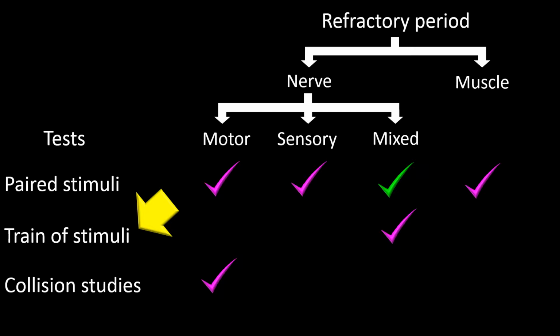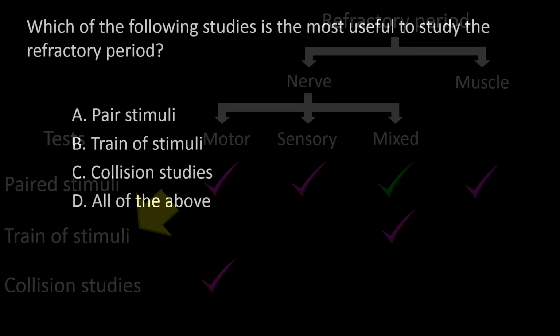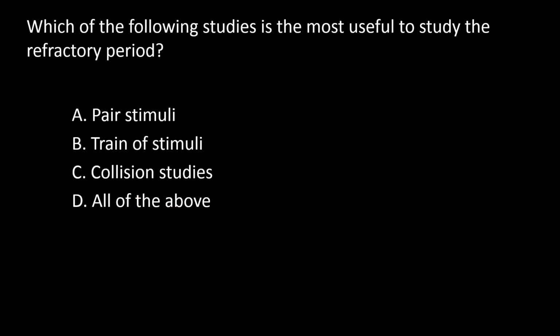These tests are painful since rates of 100 to 200 are needed to demonstrate changes or to document their absence of changes. They will not be discussed any further in this talk. So the answer to this question is A.